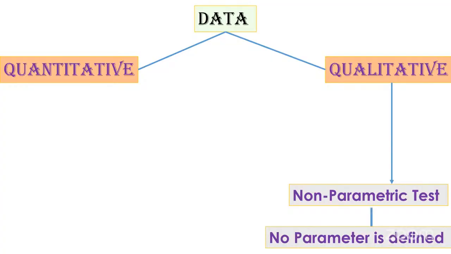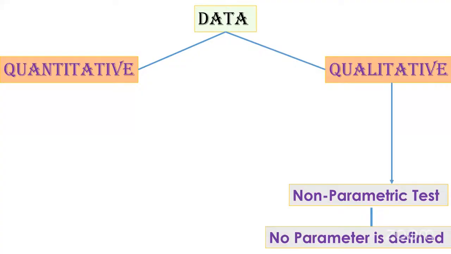Now, why non-parametric? Because parameter is not defined. Now, what are the parameters? It is the numerical summarization of a population. Numerical summarization means mean, variance, standard deviation. So when it is nominal or ordinal, we cannot find mean and variance.